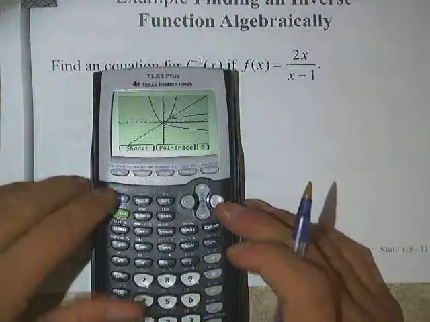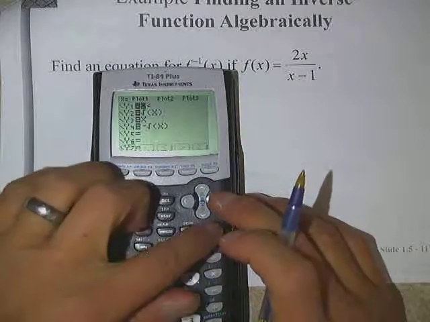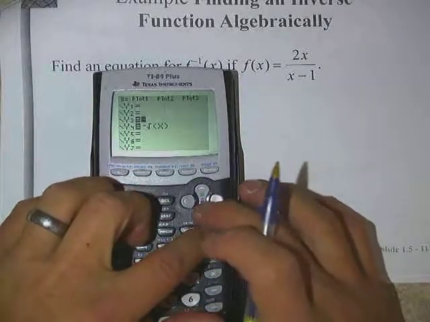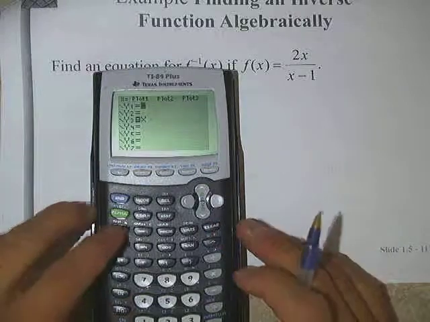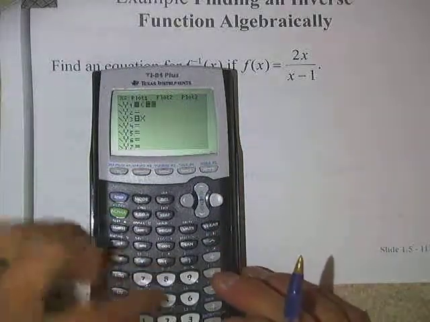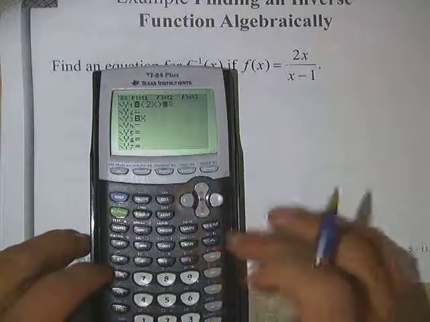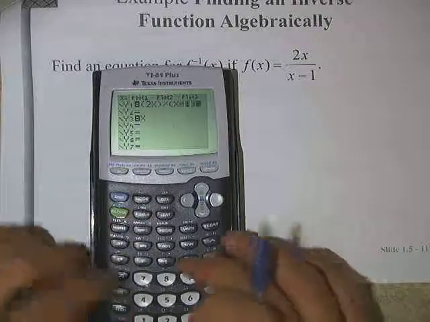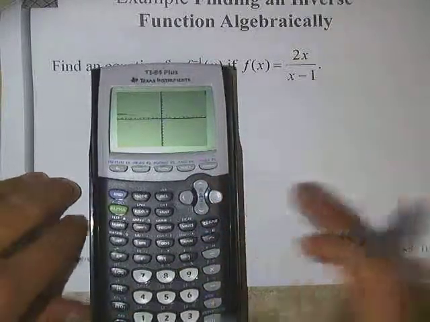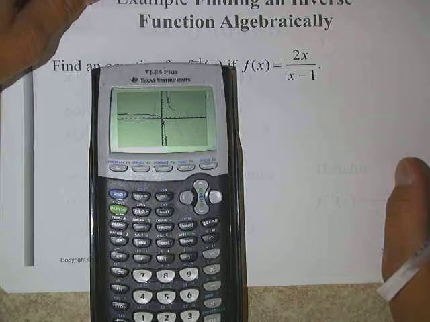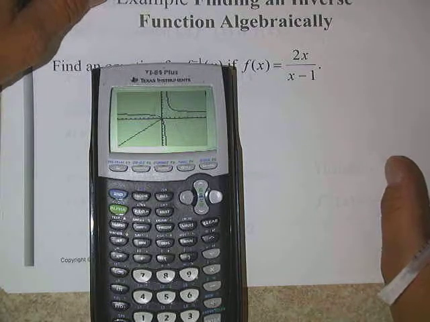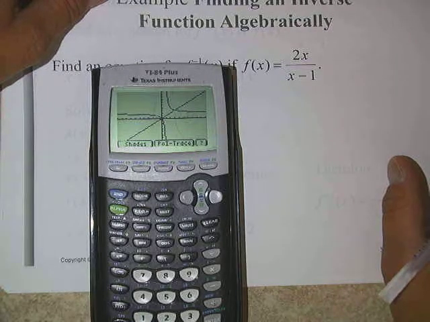Now, with that said, one of the skills we have to be able to do is find the inverse of a function. If I were to graph 2x over x minus 1, I'm going to keep my y equals x in there so we can see the symmetry. So 2x divided by x minus 1.